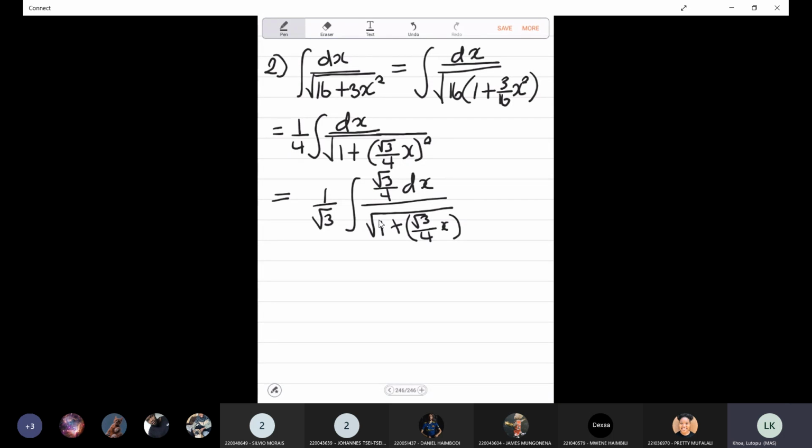So we haven't changed anything, but what we have inside the integral is now in the form that we wanted, and we've already said that this is the hyperbolic sine inverse. So this is 1 over square root of 3 hyperbolic sine inverse of the square root of 3 over 4 x, and then you add your constant of integration.